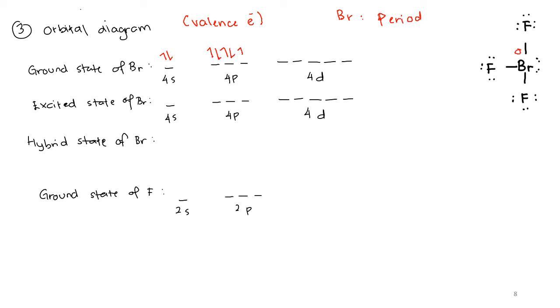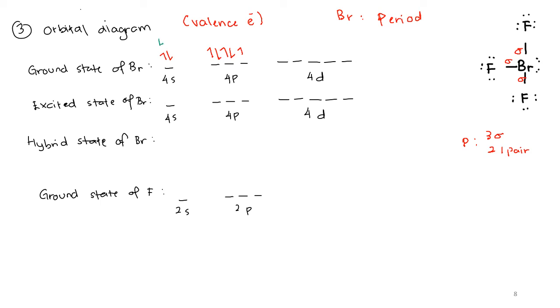You need to have 1, 2, 3 sigma bonds, and there are 2 lone pairs. So in the ground state, just double check your orbital diagram.